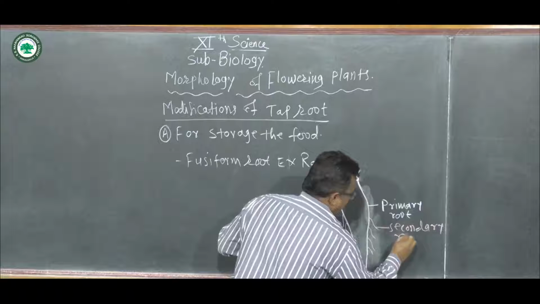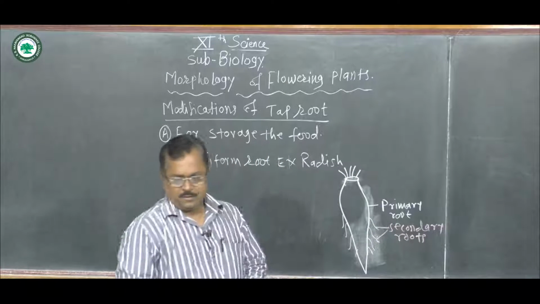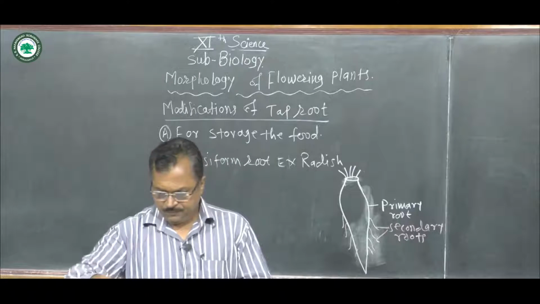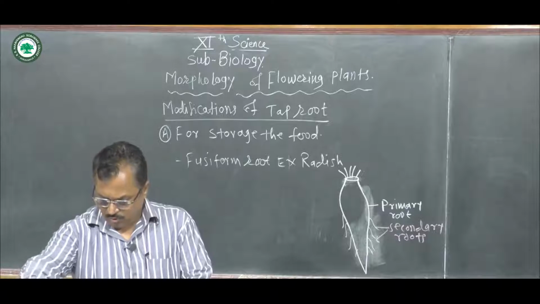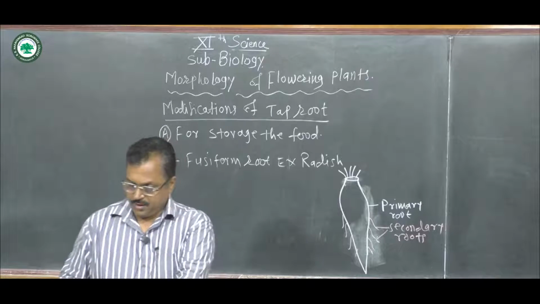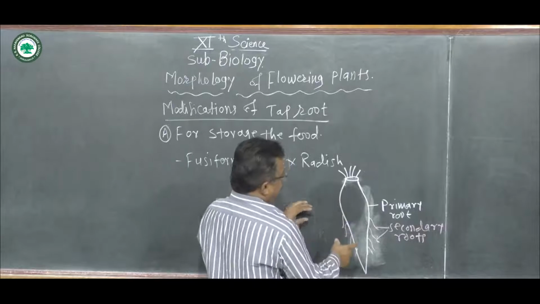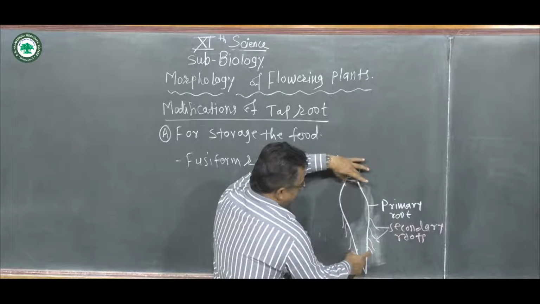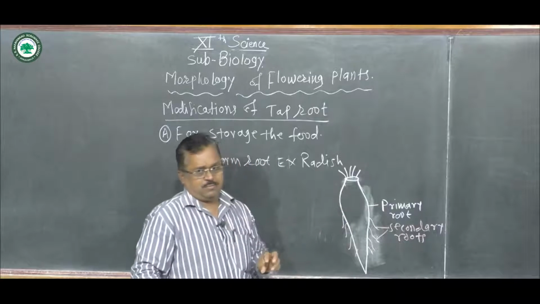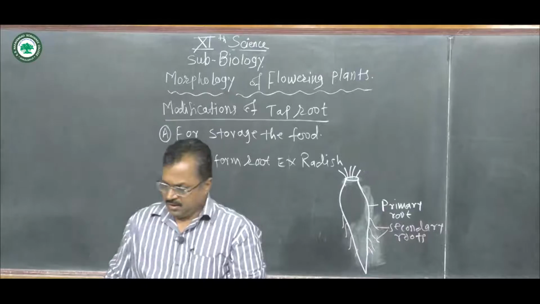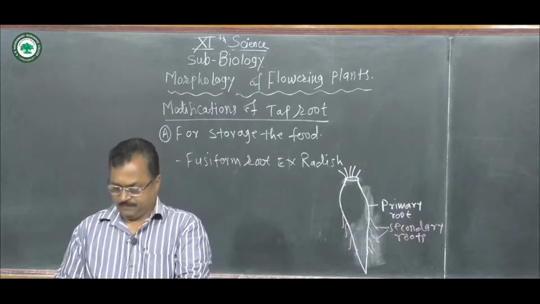Due to the storage of food, the primary root gets swollen at the middle; at both ends it is tapering, and at the middle it is broad. Spindle shaped in appearance, it is called fusiform root.